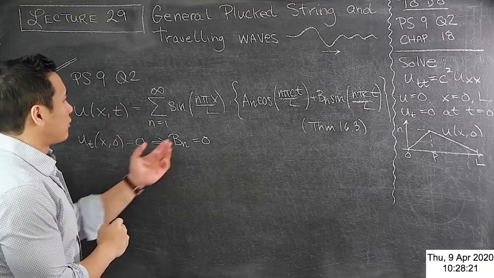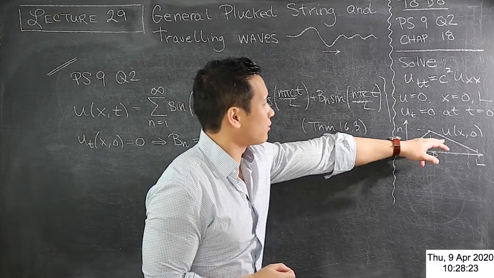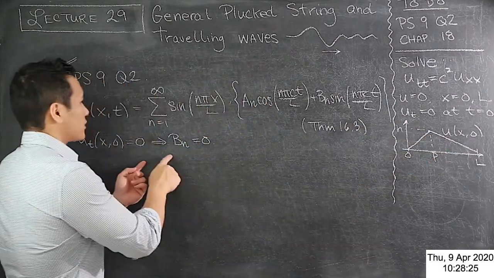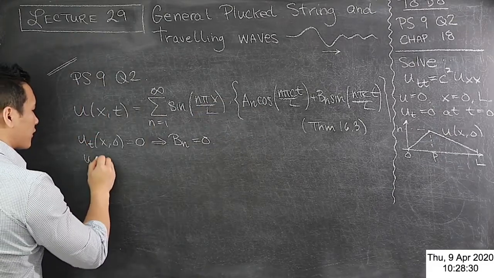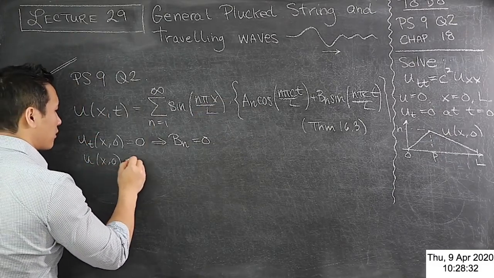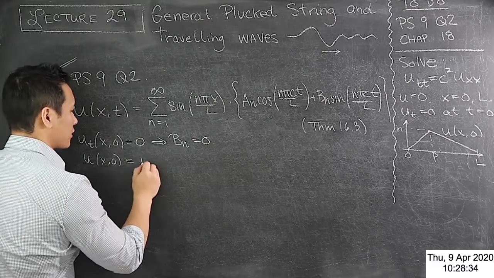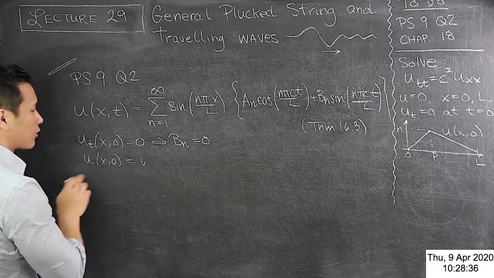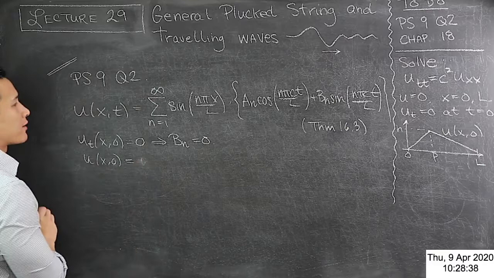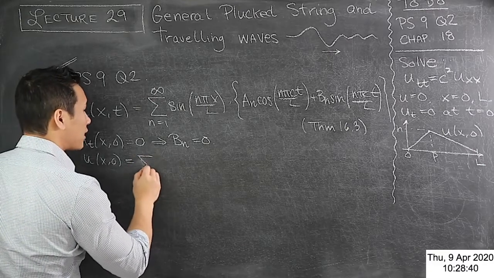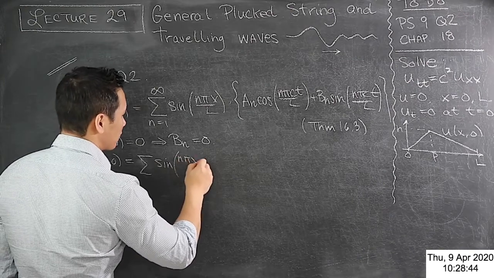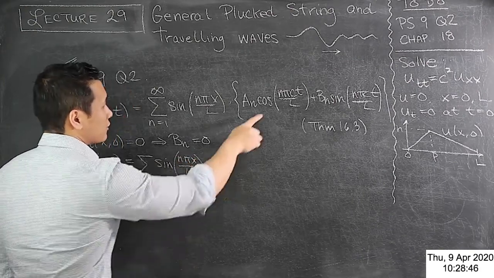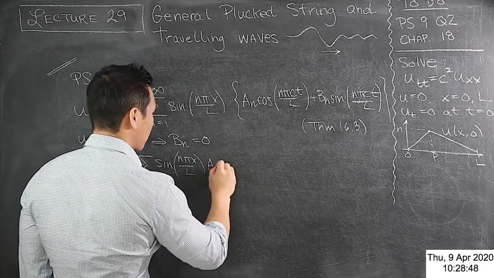And then finally, you need to impose the initial condition, u of x and 0. You stick in t equals 0 into that equation here, and you get u of x and 0, which is your desired function. Here we've already written this u of x and 0 as f of x, which is equal to the sum of the sinusoidals of n pi x over L. The cosine becomes a 1, and you're left with an a_n.